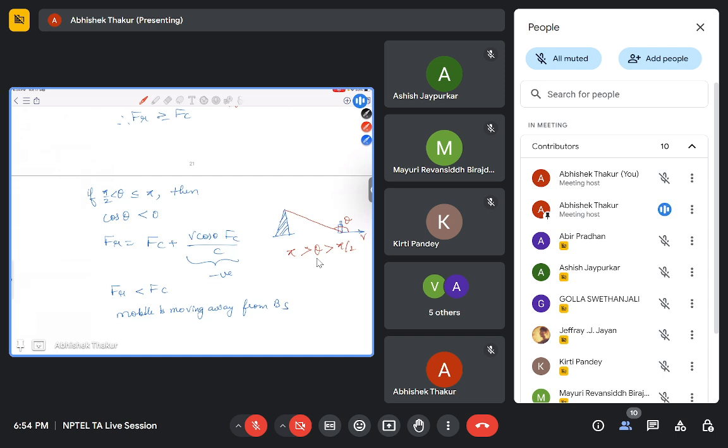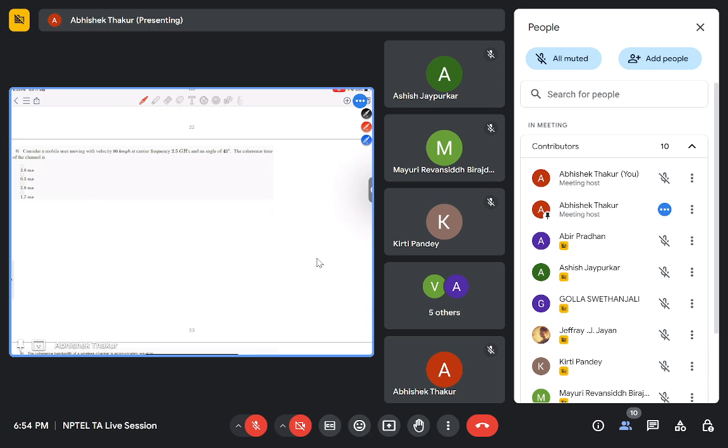So now let's solve the question. Consider a mobile user moving with velocity 90 kilometer per hour at carrier frequency of 2.5 gigahertz and an angle of 45 degree.